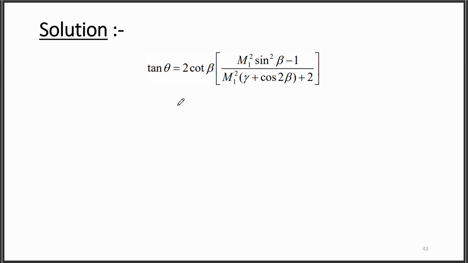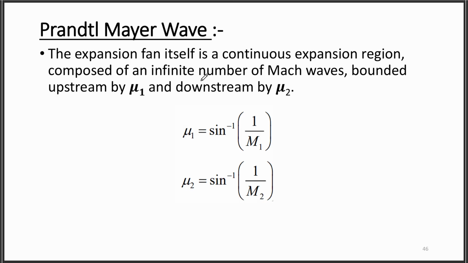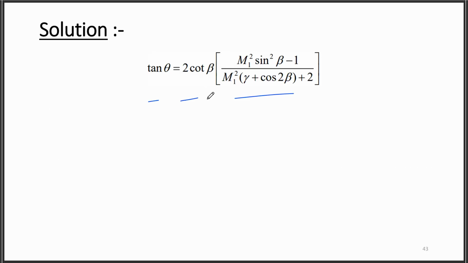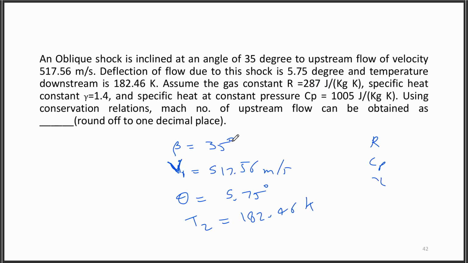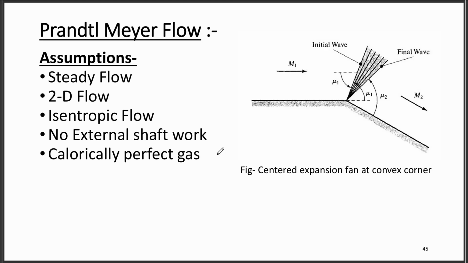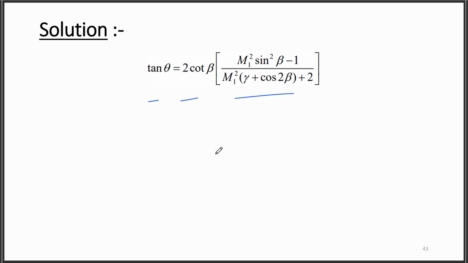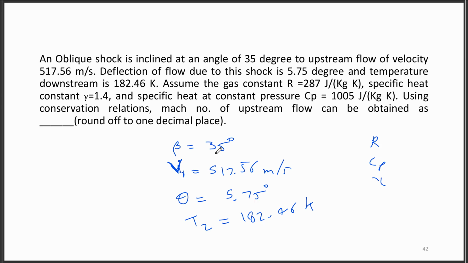We can find directly from theta beta M interrelations. If you know the theta beta M interrelations, you can put all this and solve it immediately. This is one way in which you can find it yourself. As we are less on time, you can also directly use the theta beta M diagram.